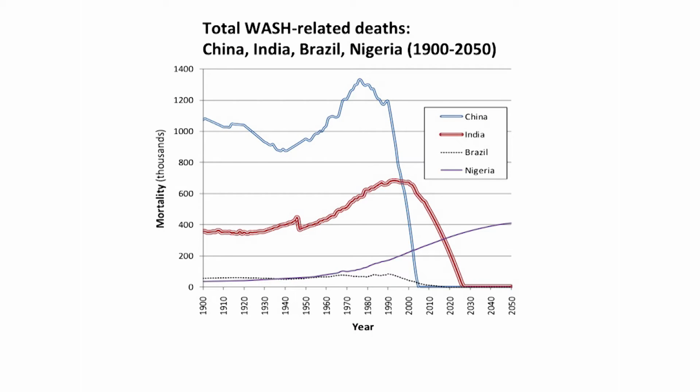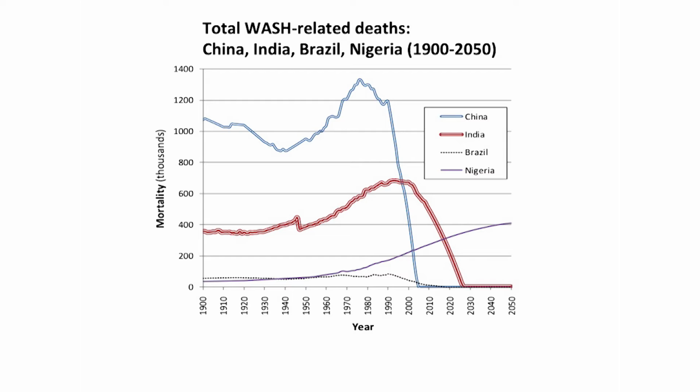This next slide shows total WASH-related deaths. In other words, these are the number of people that are dying from WASH-related diseases in these four countries. These are backcast to 1900 and then forecast from 2010 to 2050. So as you can see, the total number of deaths in China probably peaked around 1980, and these have essentially disappeared.